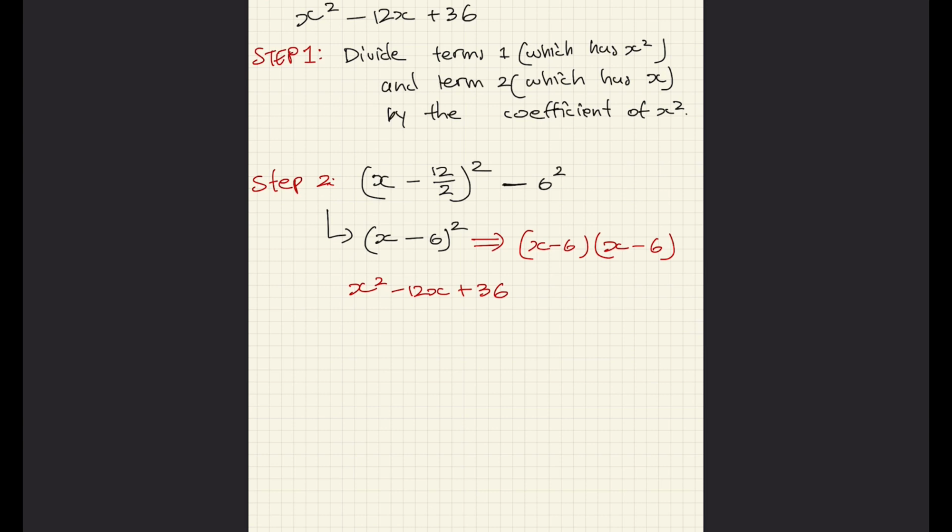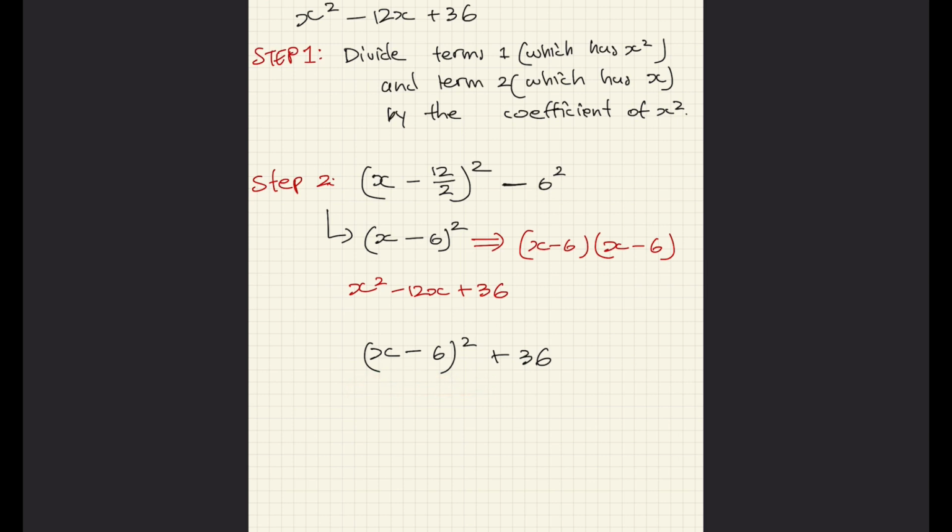Now, why is this? So let's imagine this. What we just did is we wrote x minus 6 squared plus 36. So this is obviously going to be much larger than the equation we want, because this plus 36 that we have at the end is being added to the plus 36 we have here.